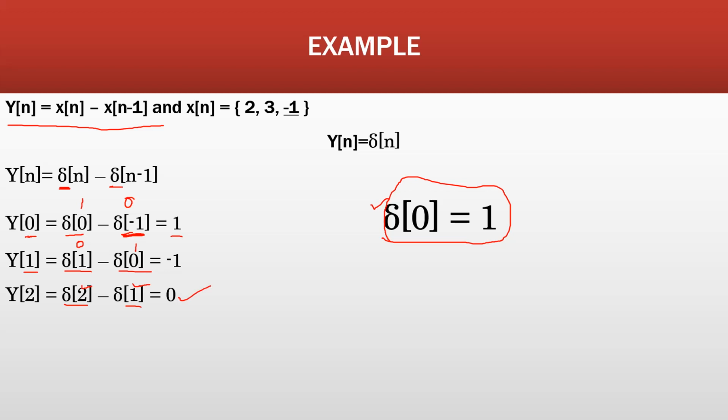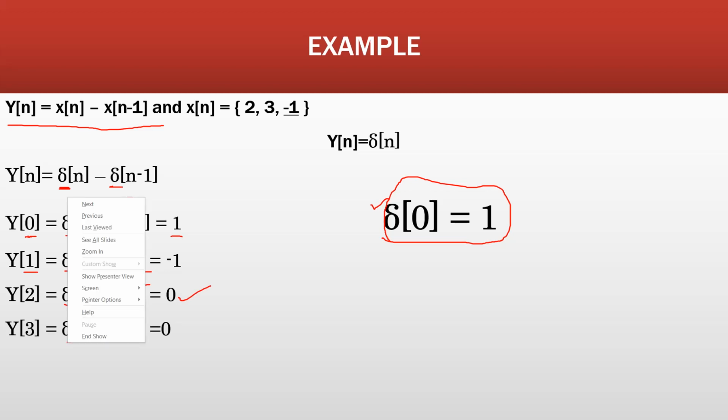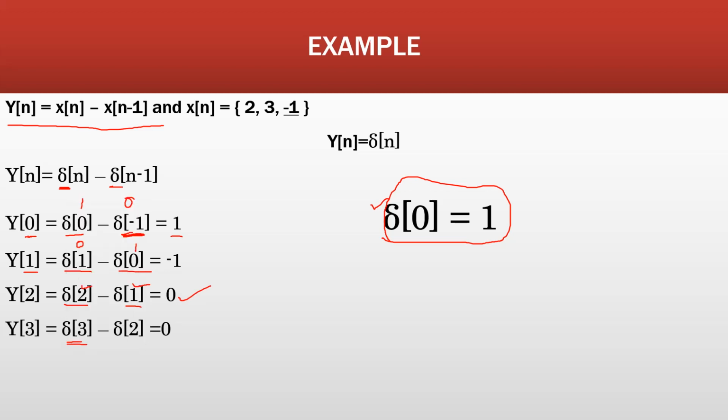So it will become 0. Similarly, for n equals 3, it will become delta of 3 and delta of 2. As I have told you, impulse response is only 1 when n equals 0, and it is 0 for all the other values of n. So it will also give 0 in return.